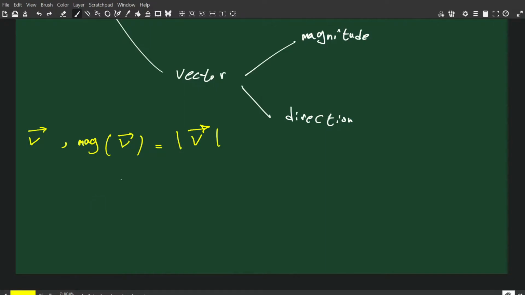And about the direction of vectors, we use this symbol. It's itself a vector with magnitude 1, but its direction is the direction of v. And also this one is a scalar value that you know, for example 1 or 2 or any number that you think. The direction of v is shown as v hat.